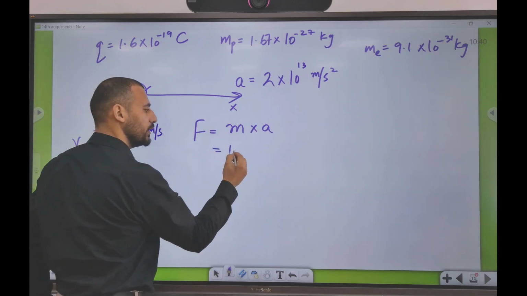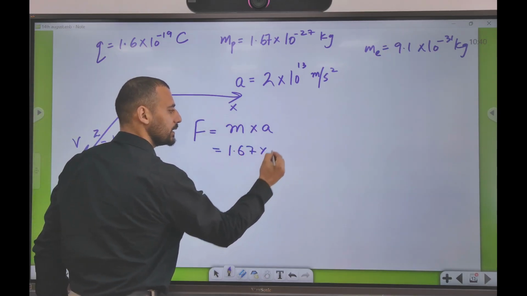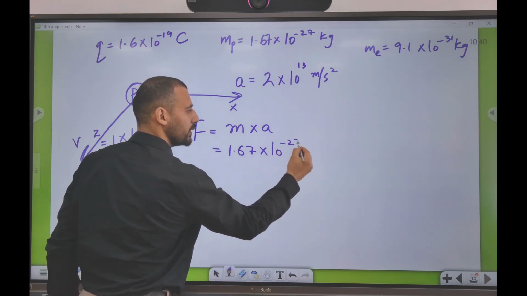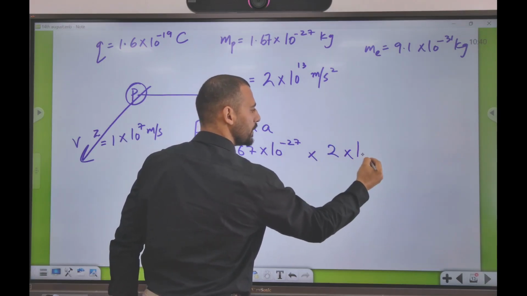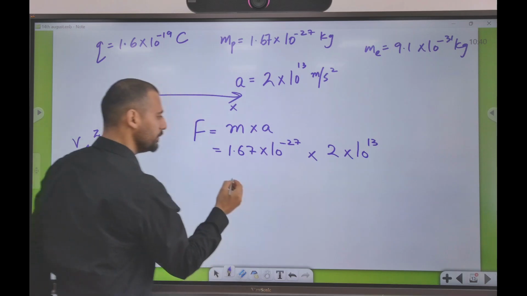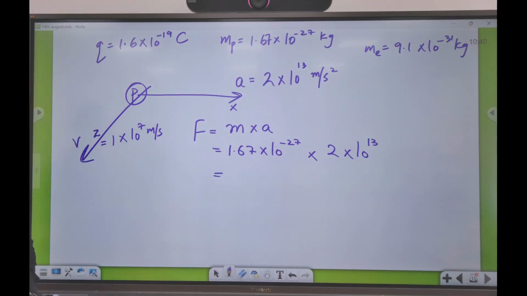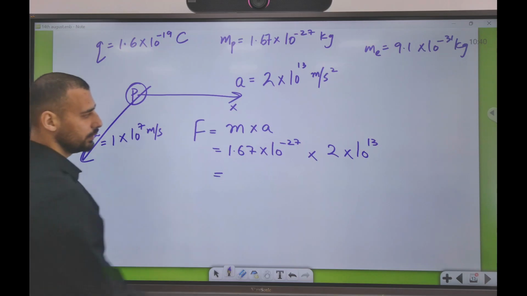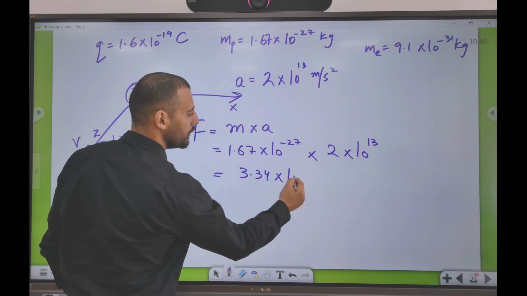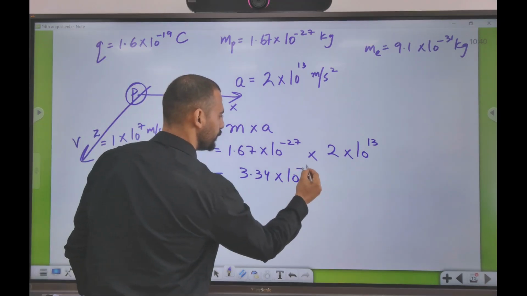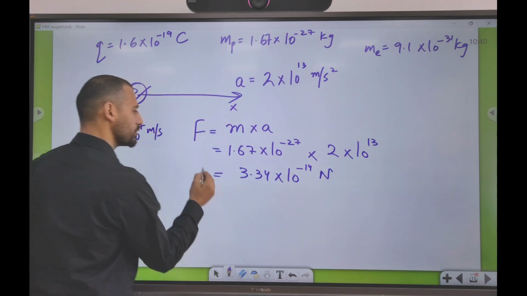It is 1.67 times 10 to the power negative 27, times the acceleration, which is 2 times 10 to the power 13. Can you find me the result for the force? 3.34 times 10 to the power negative 14 Newton. So we got the force, that's it, class.